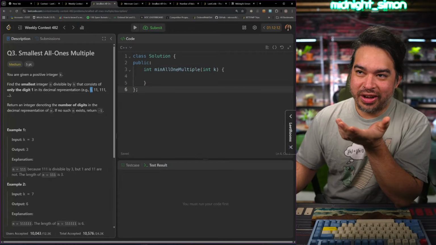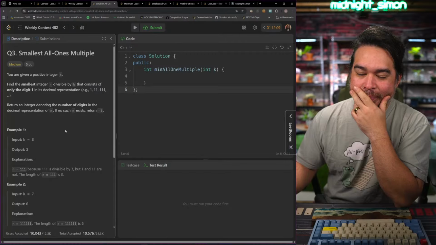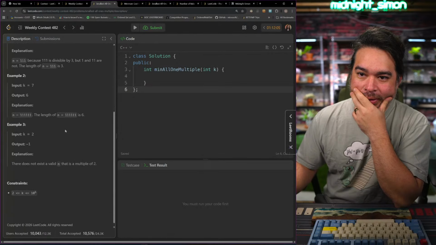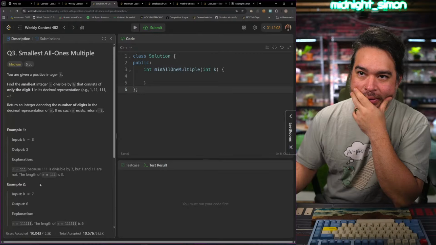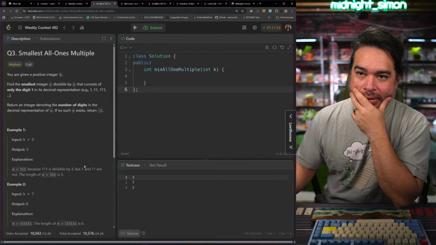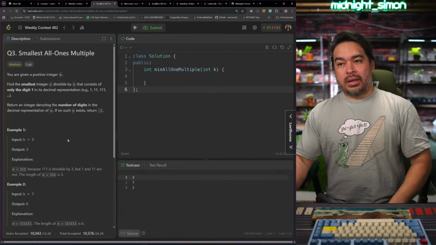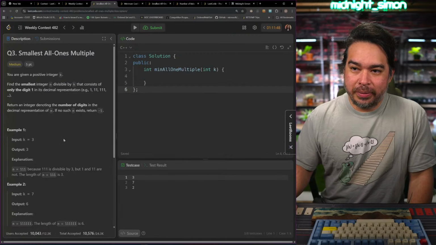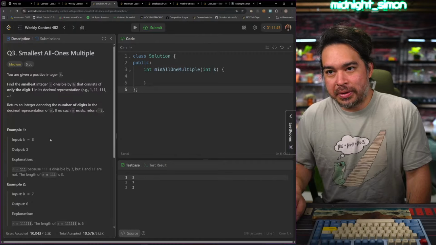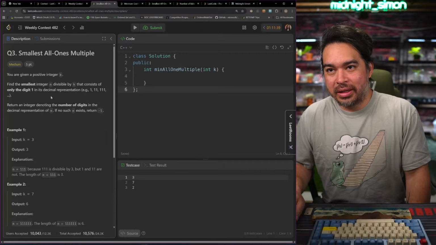Why would I just try every number that's 111? Well, I guess. Huh. This question seems a little bit tricky. Looks like you need to make some type of crazy observation or know about number theory or something like that.